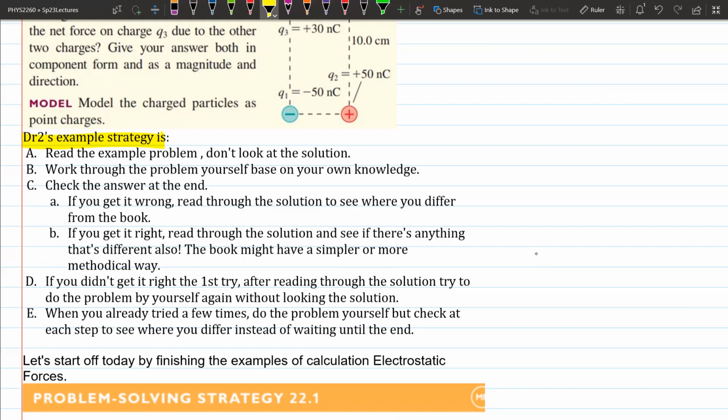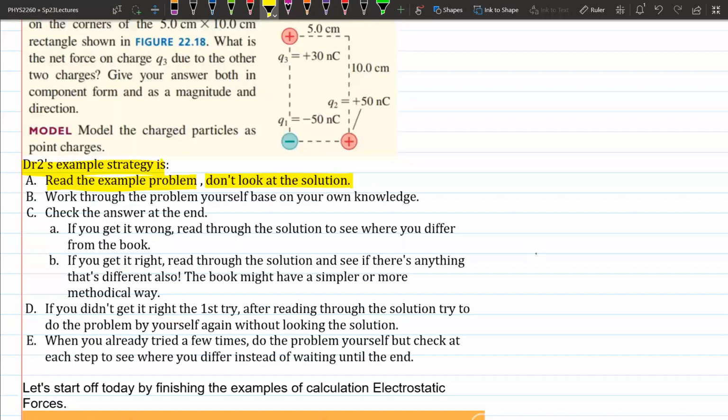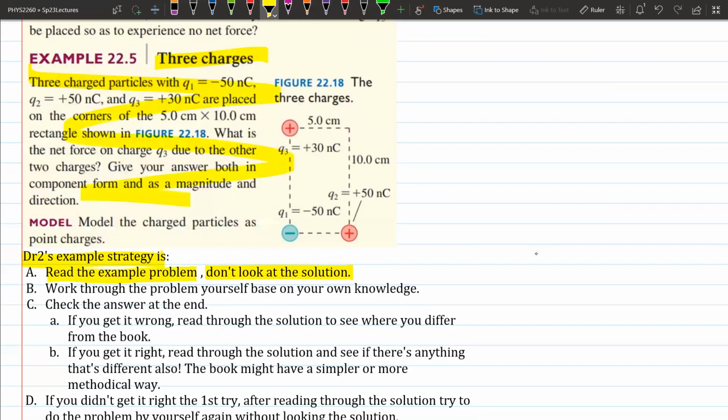The way I would use this example is to read the example problem, but don't look at the solution, meaning you just look at the problem itself, this piece, and don't look below it. Don't spoil yourself. Then work through the problem by yourself using your own knowledge.